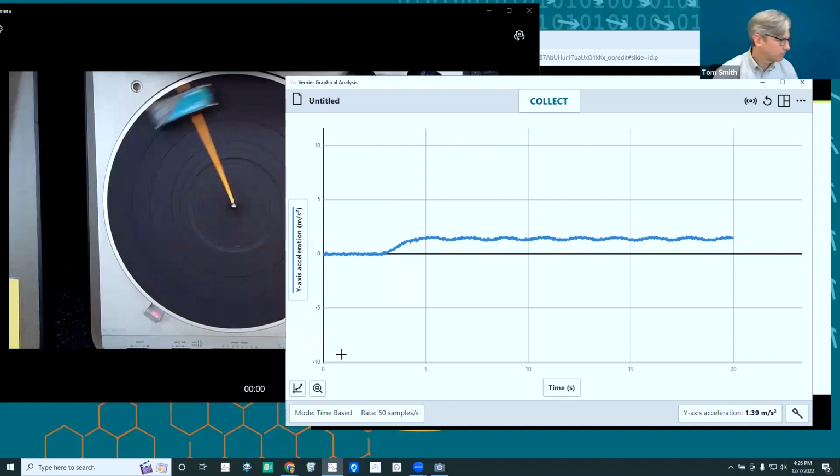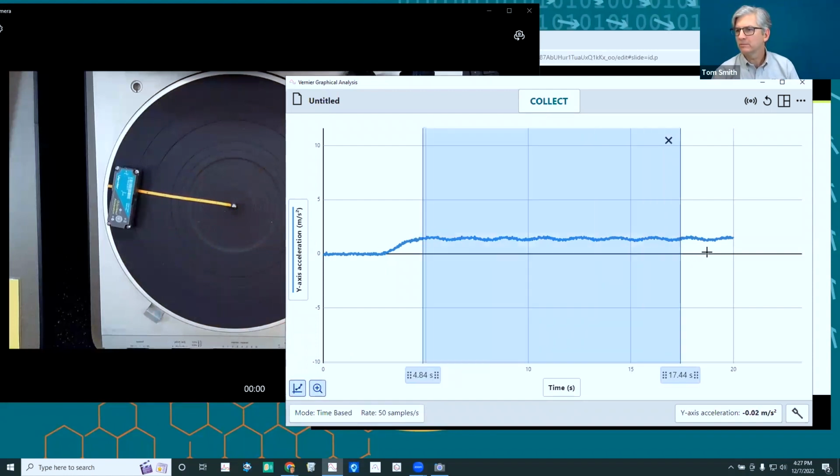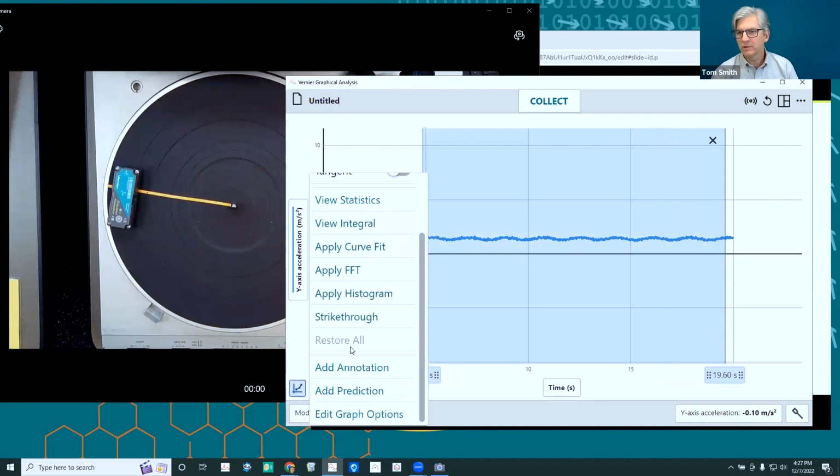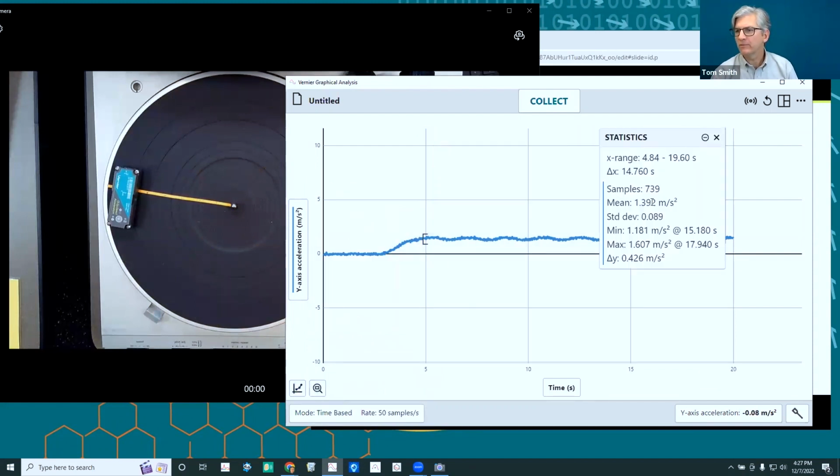I'll stop making you dizzy by watching that spin around. So turn that back, and we can highlight that section of data and take a look at the statistics to get the average acceleration.